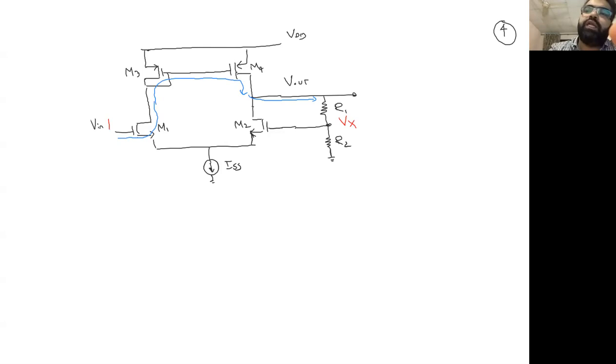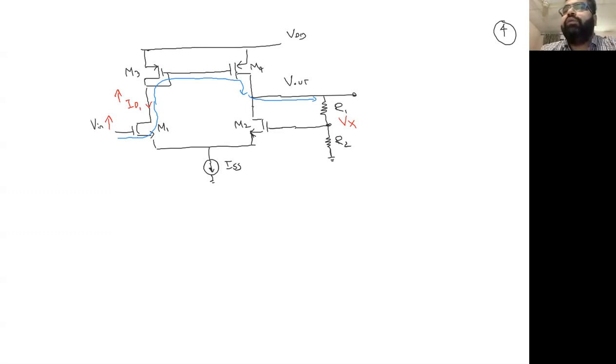If V in increases, what's going to happen? If my V in goes up, there's a current flowing through this point, ID1. So the ID1 will go up also. Okay? The voltage increases because of VGS, so ID1 will increase. Well and good.